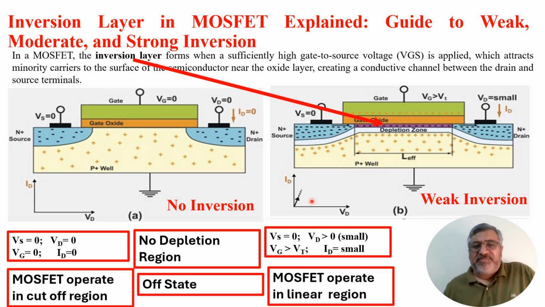The transistor is partially on and the gate voltage VGS is greater than VT, but it is not operating at full strength or in the saturation stage, as we will see in figures C and D. This condition is typical in analog circuits where the MOSFET operates as a variable resistor, or in the early stage of transistor operation before high drain currents are applied.